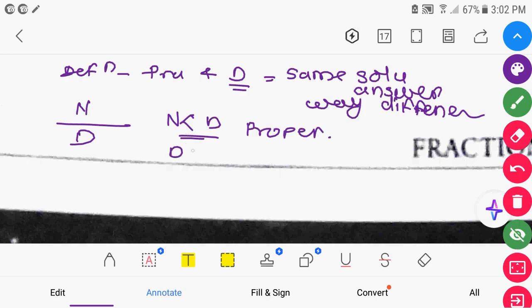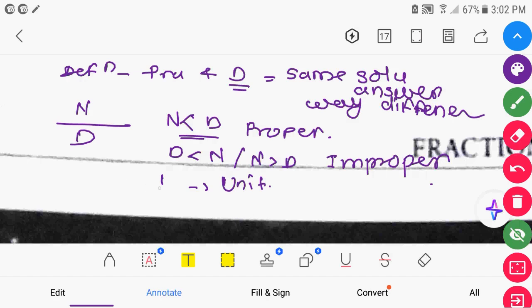If denominator is smaller than the numerator, or in other words, if numerator is greater than denominator, then the fraction is an improper fraction. If numerator is 1, then it is known as unit fraction or fraction of unit.